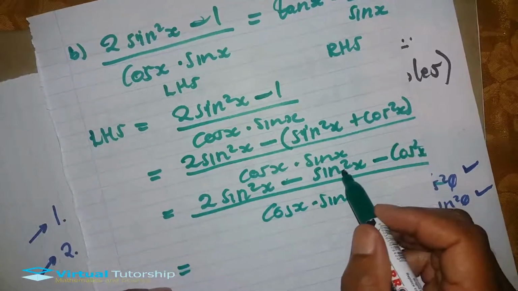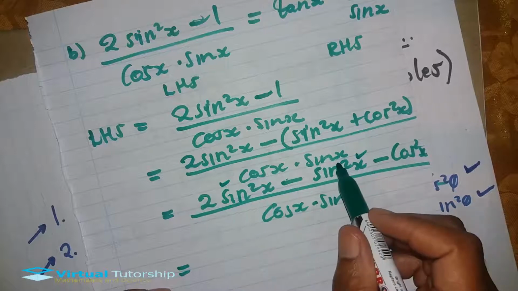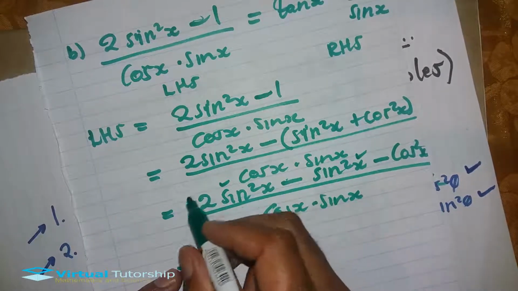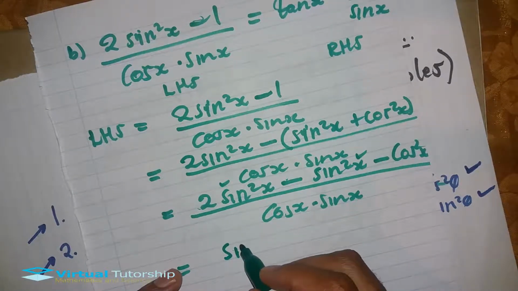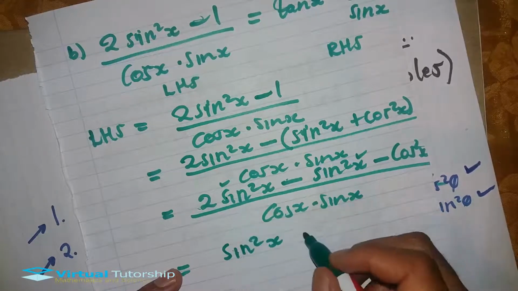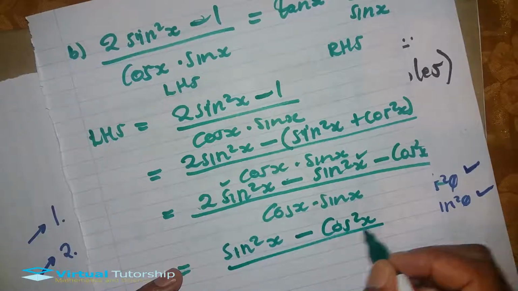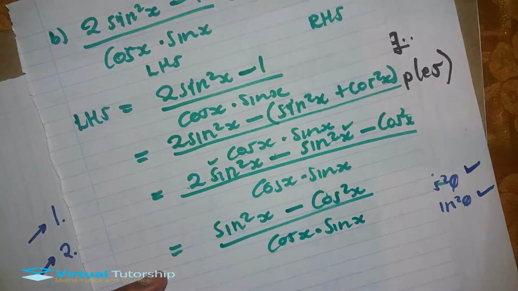In the numerator, we look for like terms. It's this sine squared x and that sine squared x, so it's 2 sine squared x minus sine squared x, which leaves sine squared x, minus cos squared x, over cos x sine x.